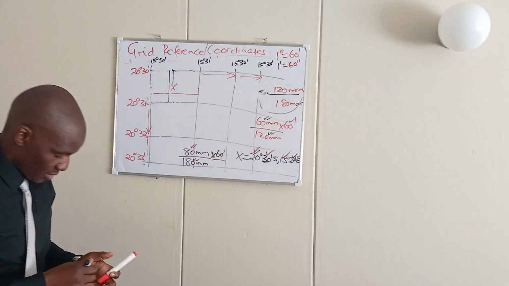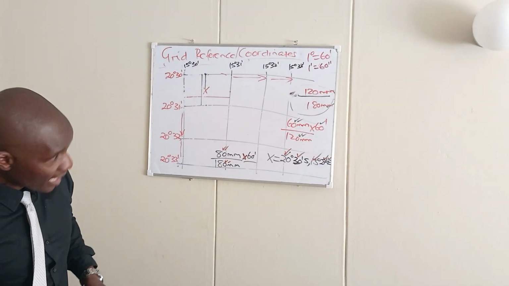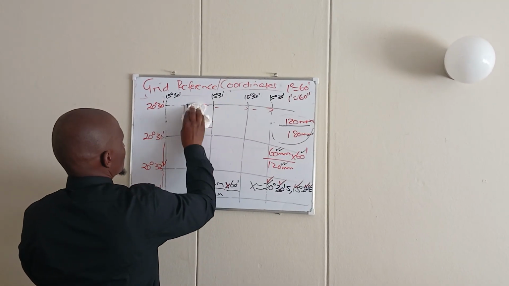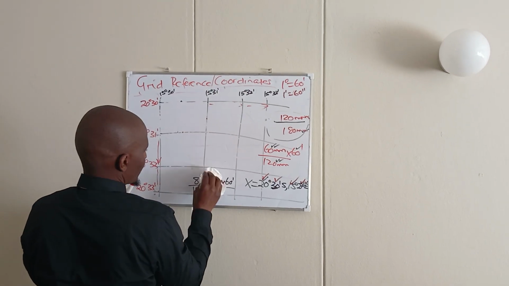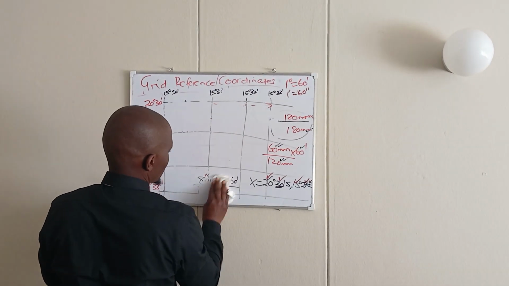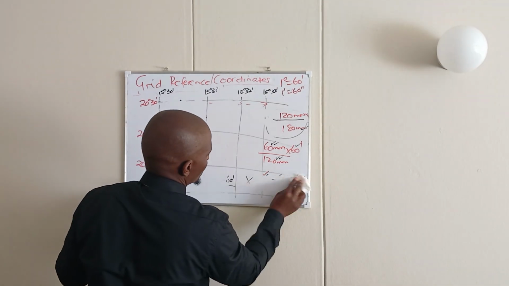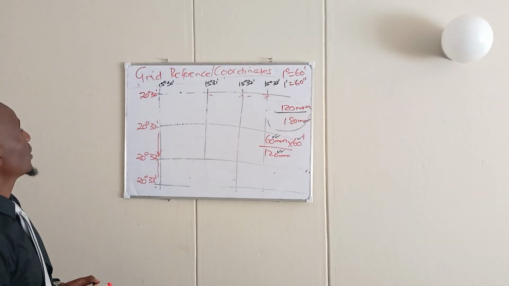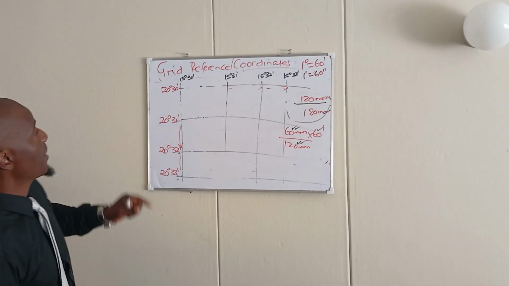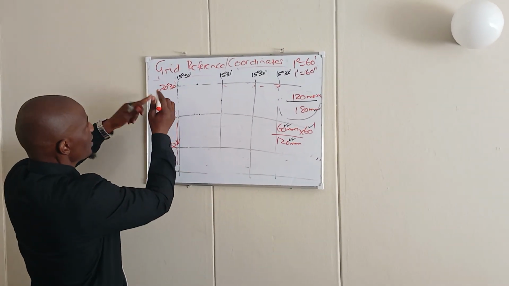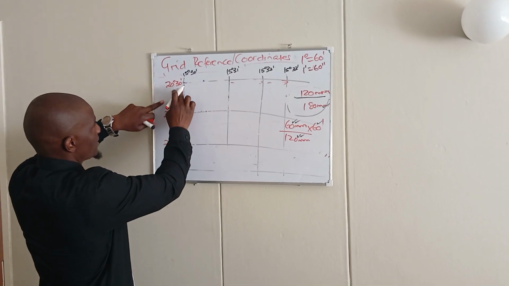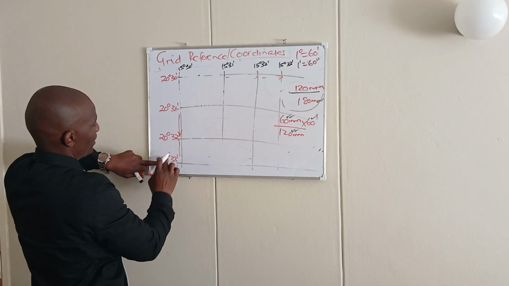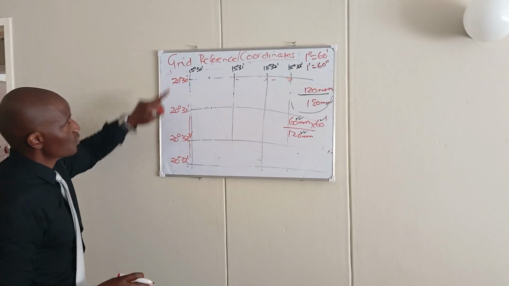So I'm going to use this now. The assumption is we already have these figures that are written here. Let me rub off these. Let me rub off this as well. So what we want to do now is, usually on your map, you are given the coordinates. This is your latitude: 20 degrees 30 minutes, 20 degrees 31 minutes, 20 degrees 32 minutes, 20 degrees 33 minutes, which means it's within the same grid.